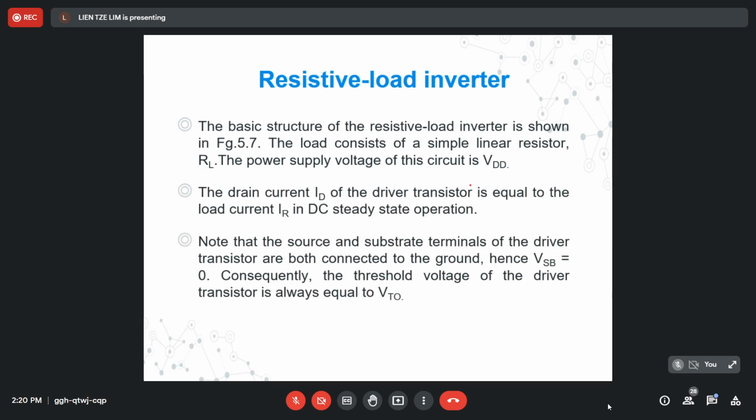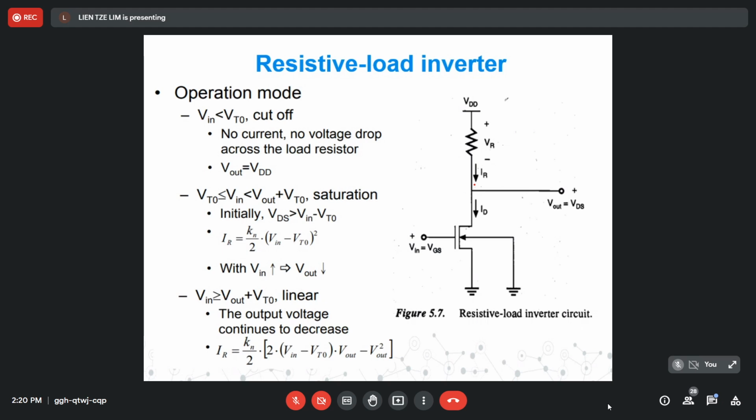So this is the structure of figure 5.7 with a resistor. You directly know this is the resistor, and then this is the NMOS. That's why we call it a resistive load, because the load is the resistor.